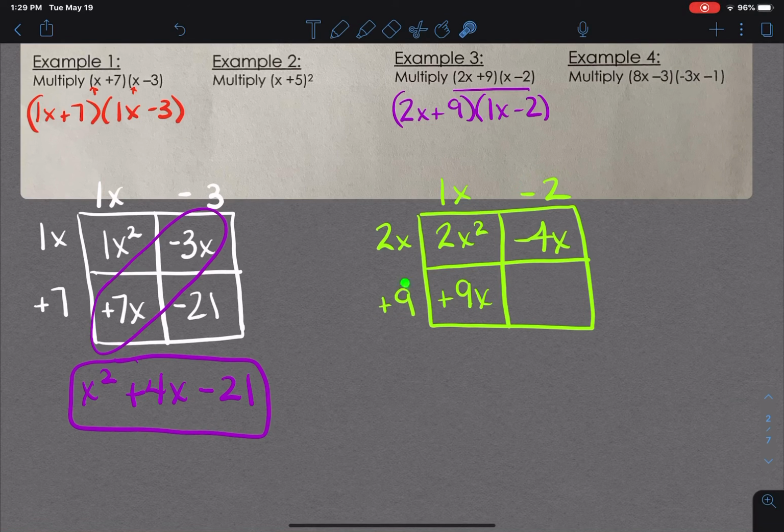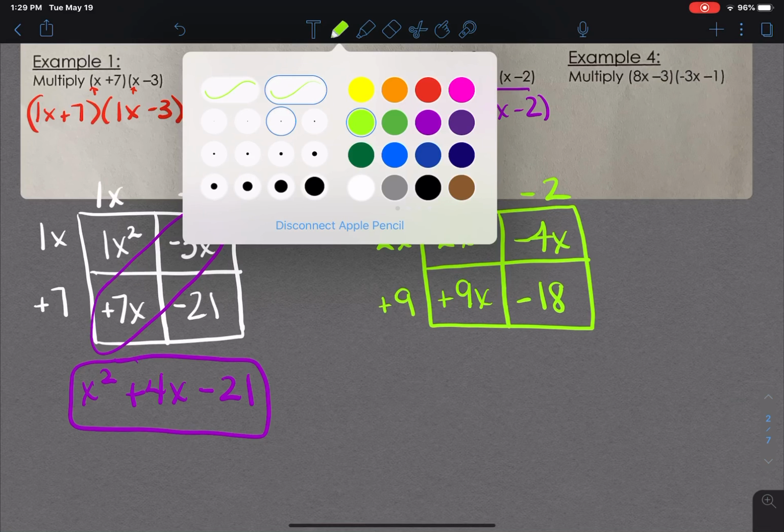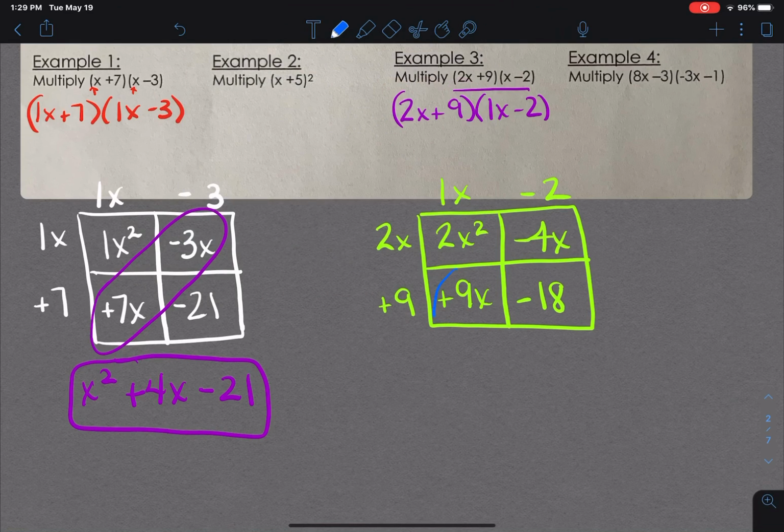And negative 2 times positive 9 is negative 18. Now, just like we talked about in the last one, we can see a couple terms that are alike. So positive 9x plus negative 4x is positive 5x. I'm going to bring down the minus 18 afterwards and the 2x squared in front.